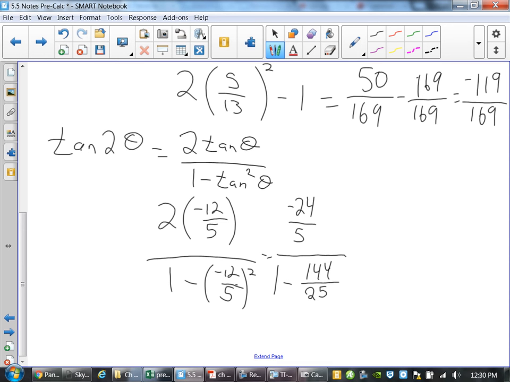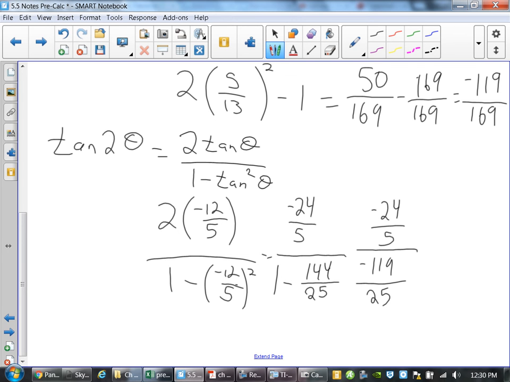Are we okay with that? 25 subtract 144 is negative 119. So this is negative 24 over 5 divided by negative 119 over 25.